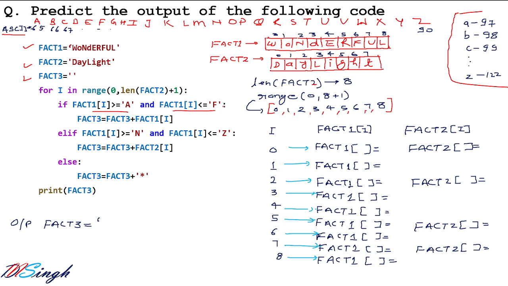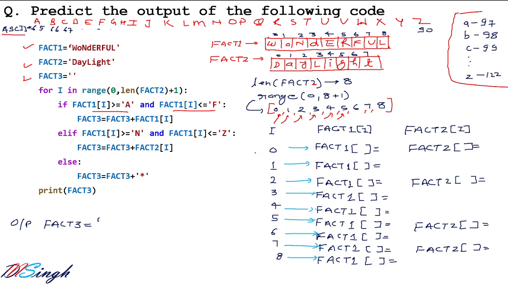Because our loop variable is going to take these values one by one in each iteration. Here the loop variable is i, so i will take values 0, 1, 2, up to 7. In other words, how many times our loop will run depends on the values produced by the range function.